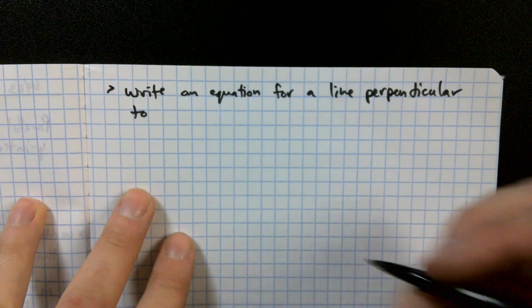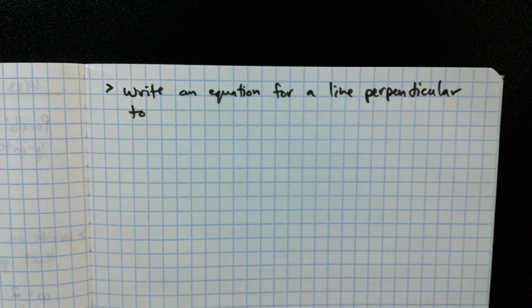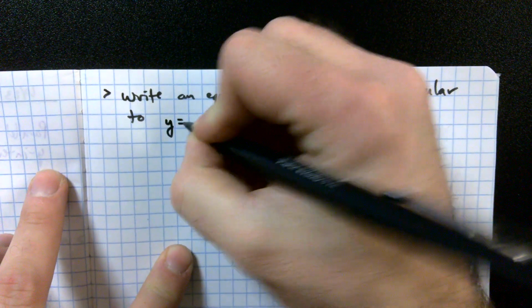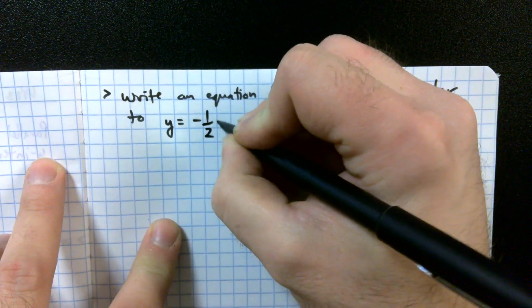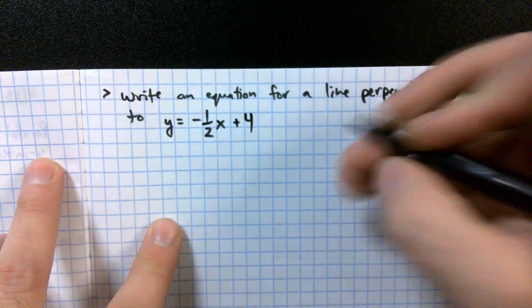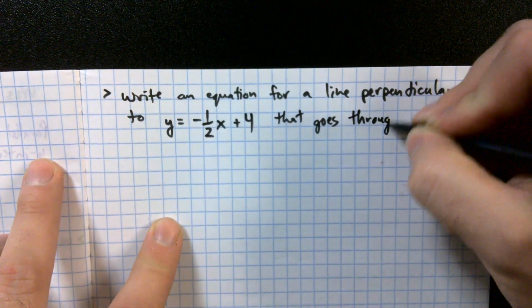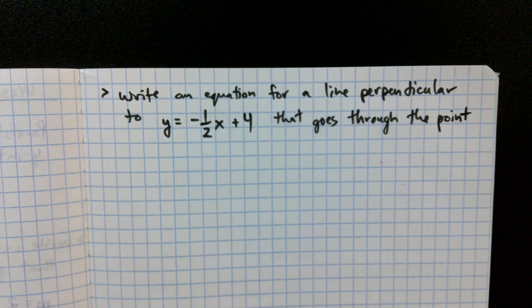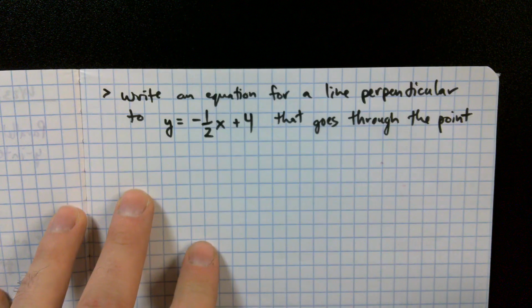Write an equation for a line perpendicular to y equals -1/2 x plus 4 that goes through the points 3, 1.